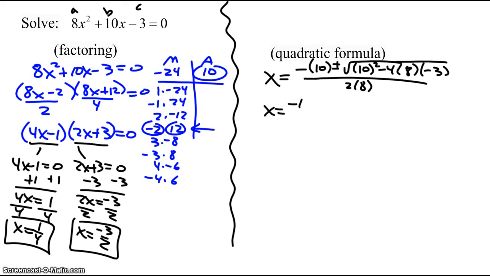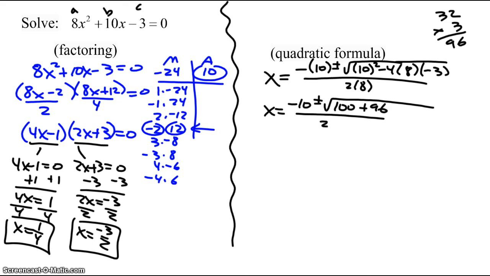So x is negative 10 plus or minus the square root of 10 squared, which is 100. And then I'm going to have to do some, let's see, 8 times 4 is 32. And then I have to multiply that by 3. That's going to be 96, and it's a negative times a negative, so it's positive 96. Numbers are getting kind of big here. And then 2 times 8 is 16, right? So now let's keep simplifying. Plus or minus the square root of 196 over 16.